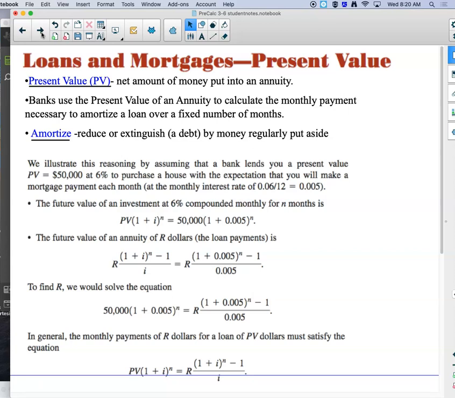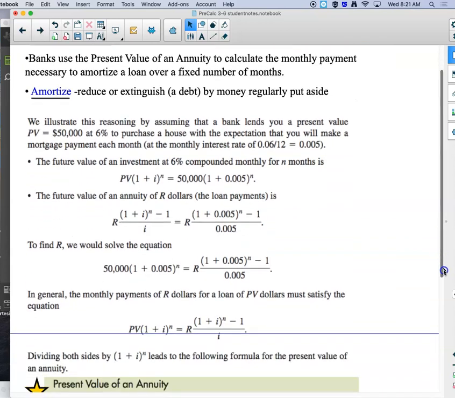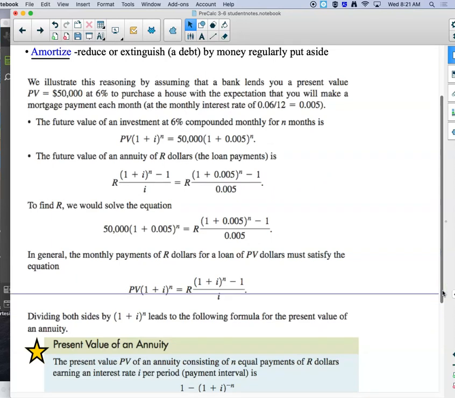What they want to do is make sure that the present value of the money they're giving you now equals the future value to pay off that loan in the future. And it says to find R, we would solve the equation. Of course, this one was specific to the information they had up there with the 50,000 and the 0.06 divided by 12. So they need those things to be equal.